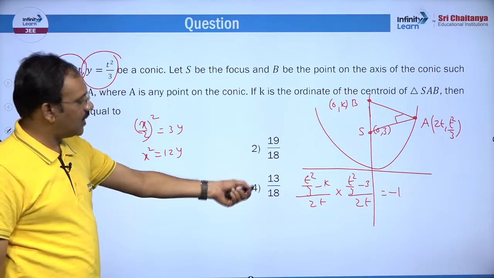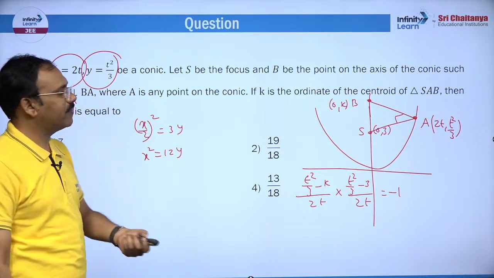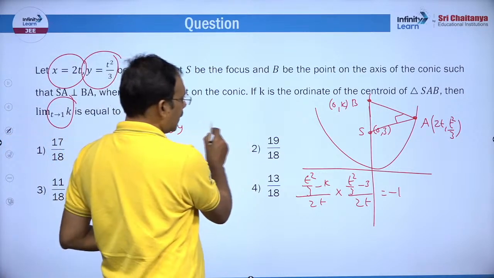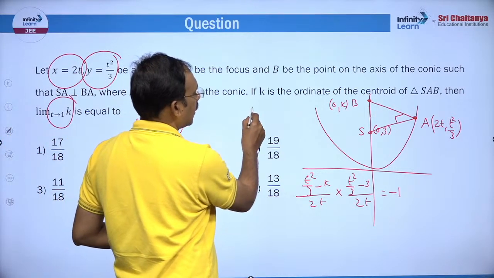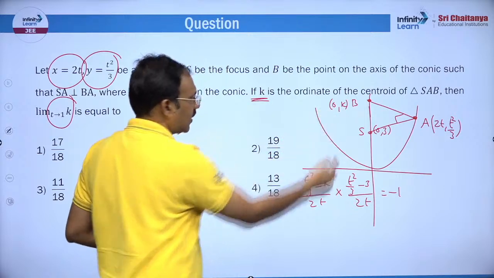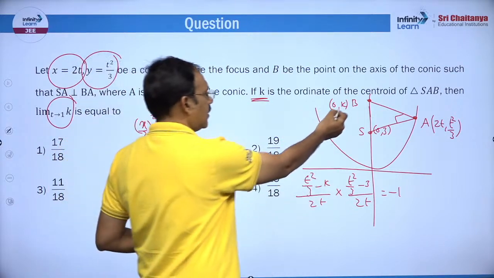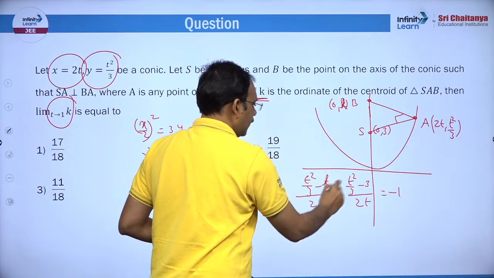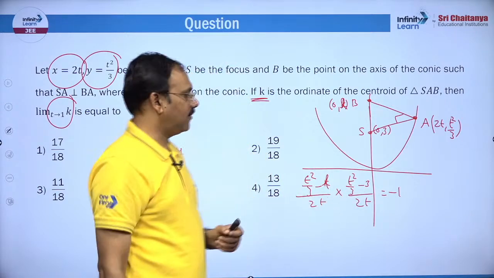So, you write k in terms of t and apply limit, you will get the answer. Of course, he has also given k, but this k is different, our k is different. So, you find this and call it L, so that you will get L value in terms of t, fine.